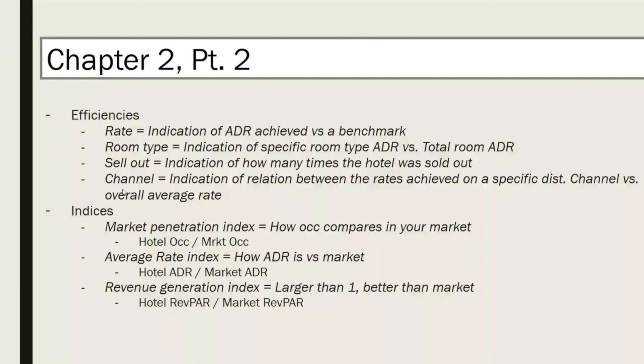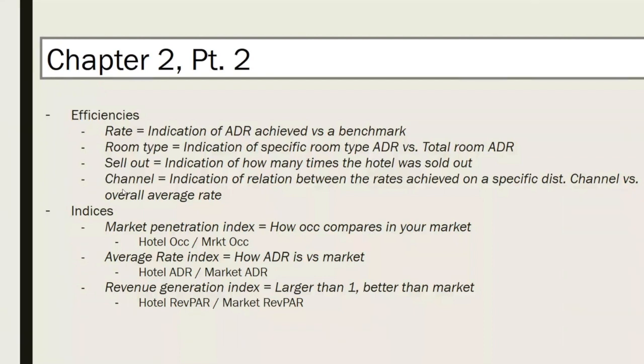Then we have the sellout efficiency, which looks at how many times the hotel was sold out in periods over 95%. You're looking at how many times you have total full occupancy, and this can help you determine things like the unconstrained demand. It indicates if the business is managed correctly at high demand periods.